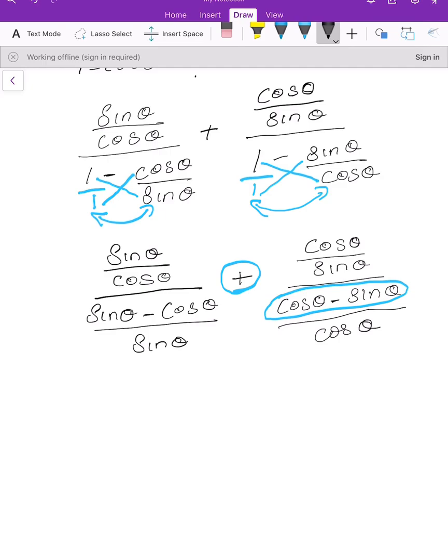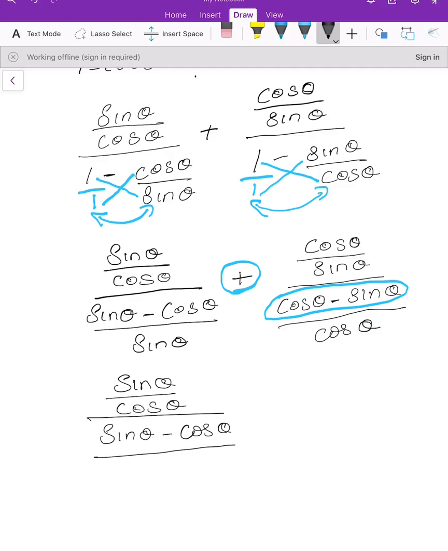That's what I'm doing here: sin theta by cos theta, to make it the same, sin theta minus cos theta. Try to understand what I'm doing. I'm explaining each and every step of how I am changing the sign. Now I'm not changing it; when I change it, I'll show you how.